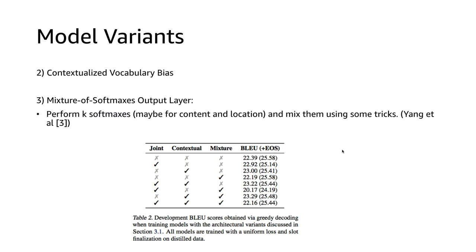Should I stop for a minute? Sorry, but I have a question. For the first row in this table 2, does it mean that none of these tricks is used?